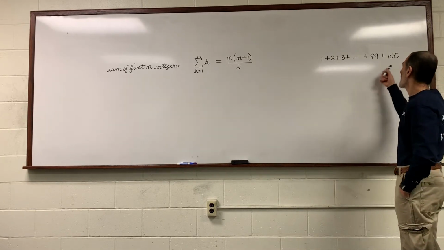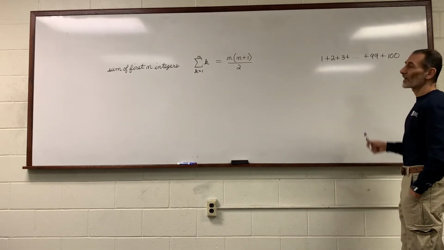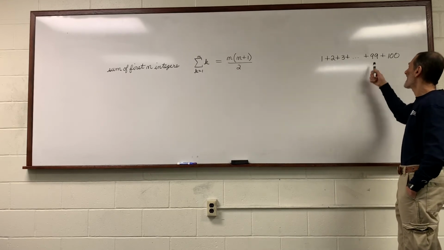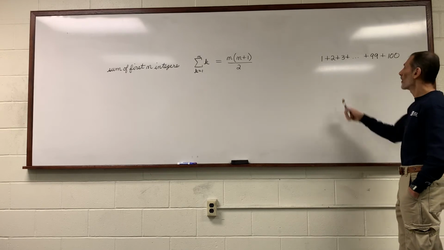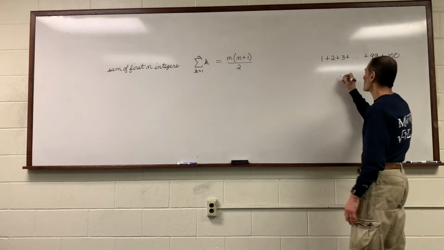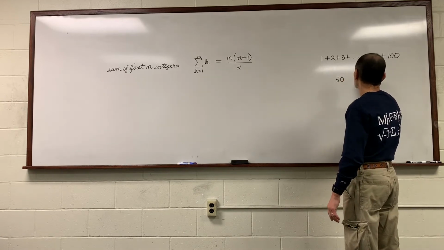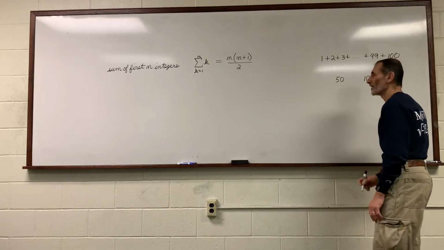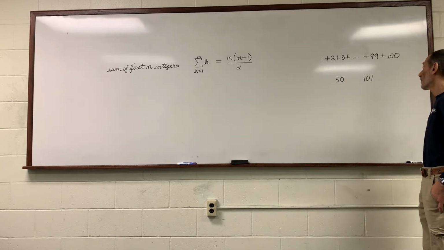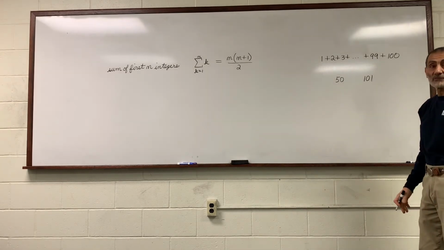The first and the last. 1 plus 100, 101. The second and the second last. 2 plus 99, 101. 3 plus 98, 101. 50 pairs, each adding up to 101. 50 times 101, 5,050, he was done.